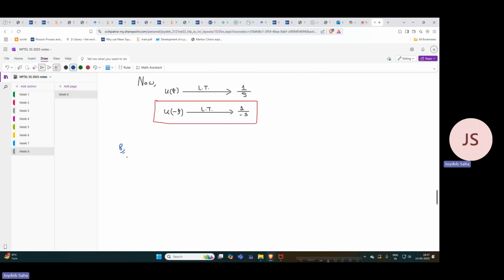Question 8. Find Laplace transform of d/dt of u(t).